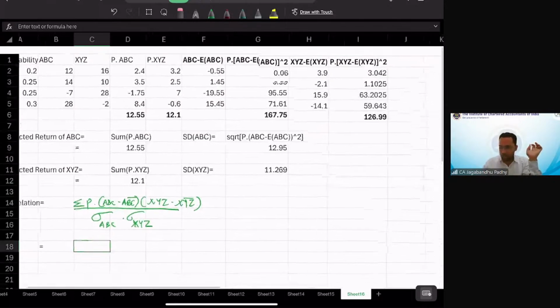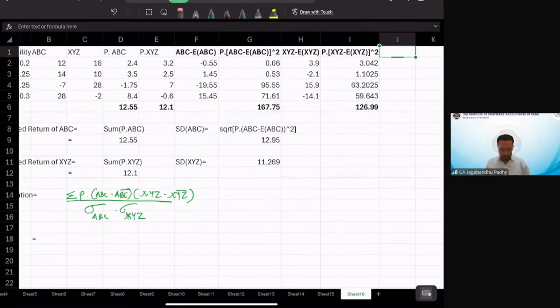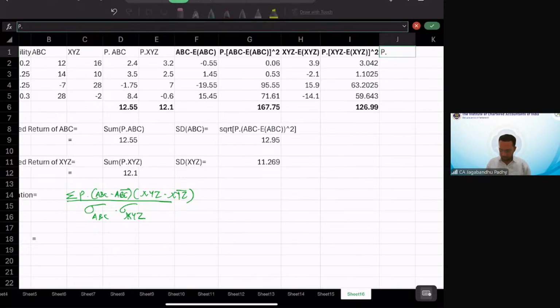So this is equal to summation of P into ABC minus ABC bar and XYZ minus XYZ bar. I need to add that column here, which will be probability into ABC minus expected value of ABC, multiplied by XYZ minus expected value of XYZ.